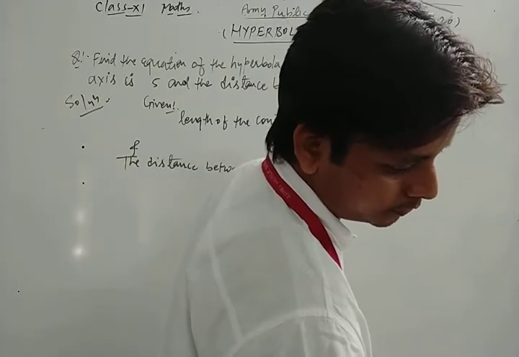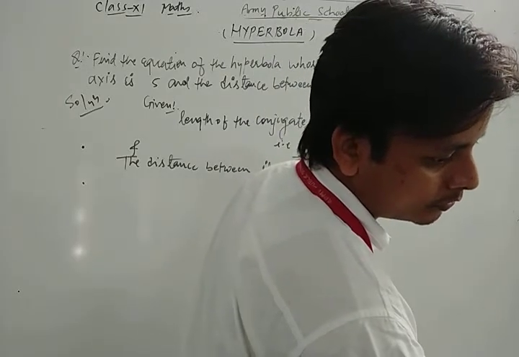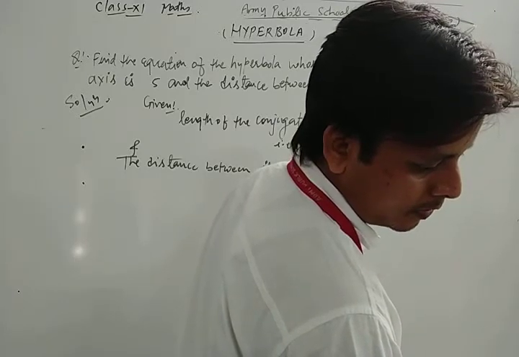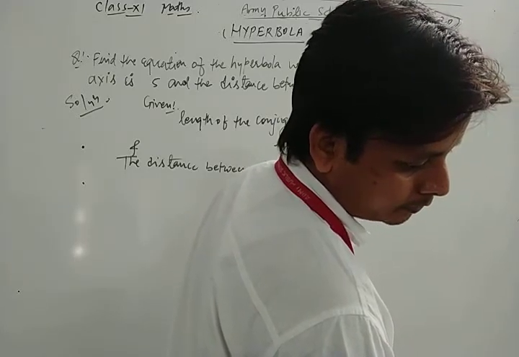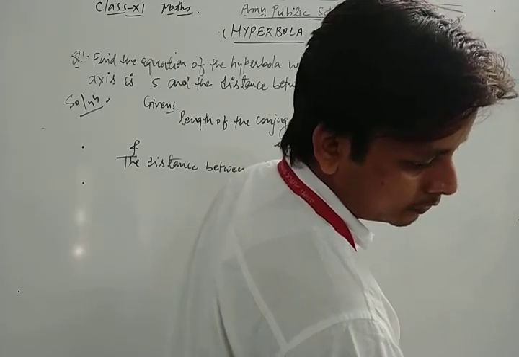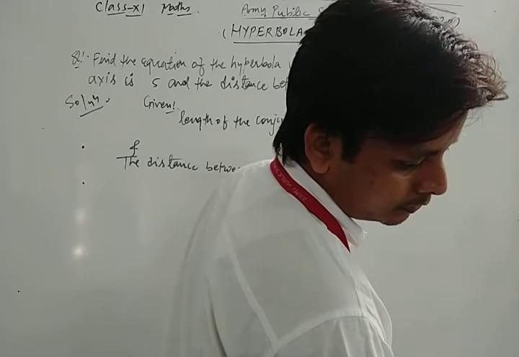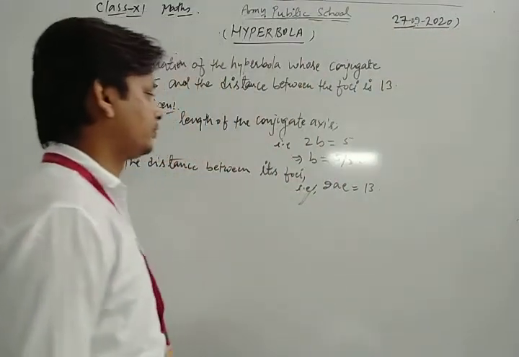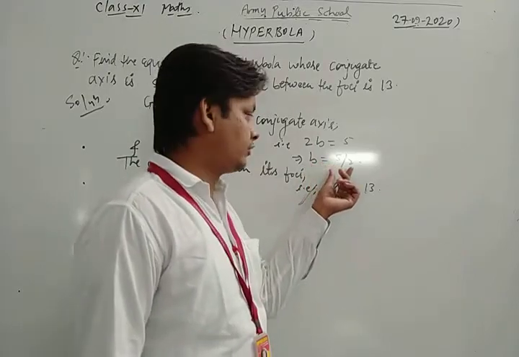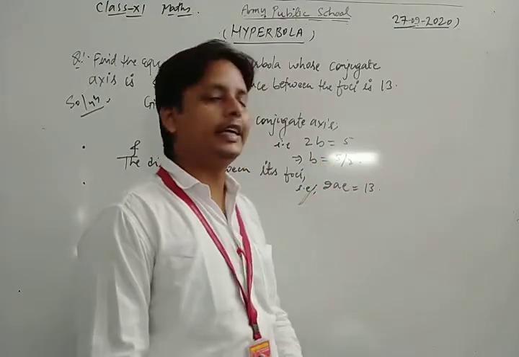Now look. The value of b is 5 by 2 and the value of 2a is equal to 30.